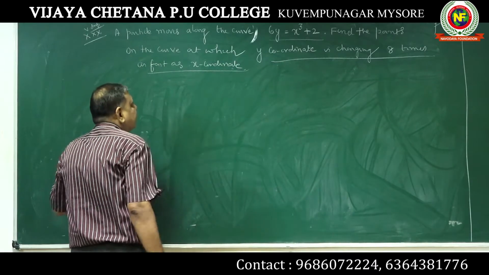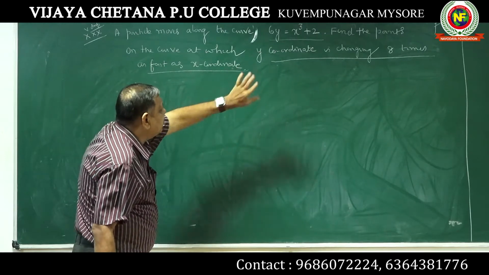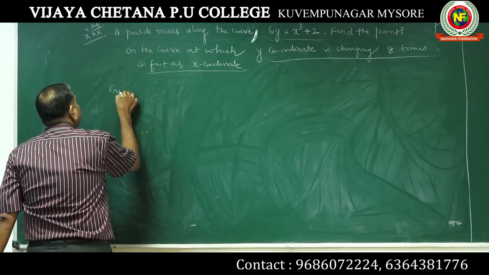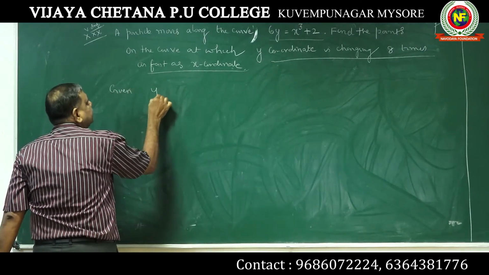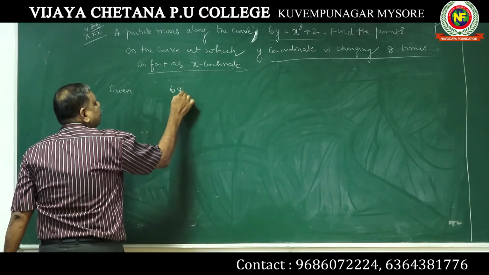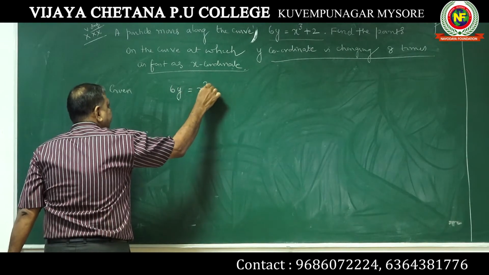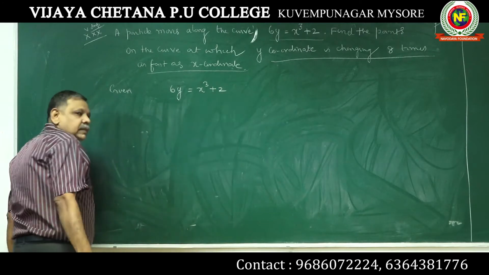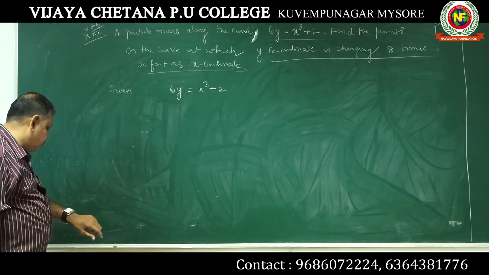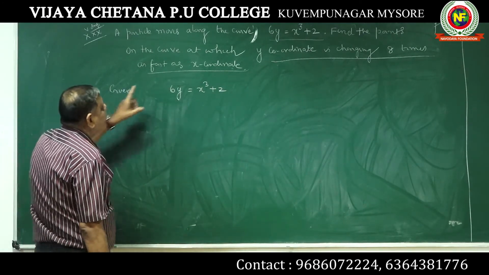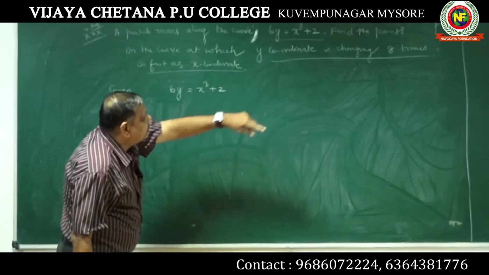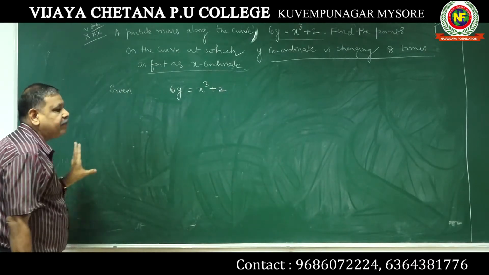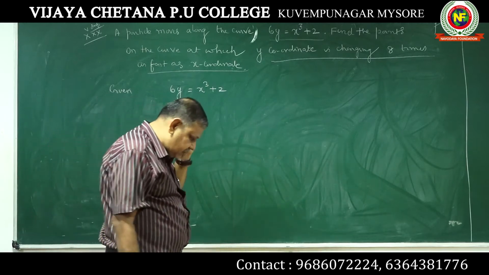See what is the given. Given 6y is equal to x cube plus 2, and also given that y coordinate is changing 8 times as fast as x coordinate. What is the meaning?